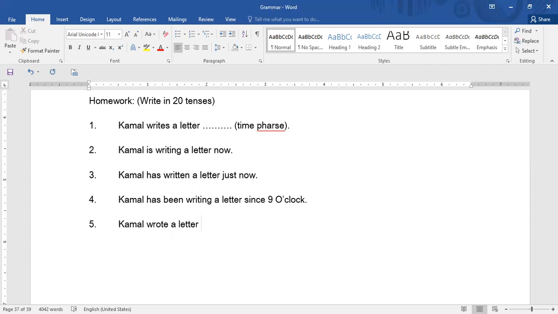We can add the time phrase yesterday or any date. Okay. Kamal wrote a letter on 10th September 2021.